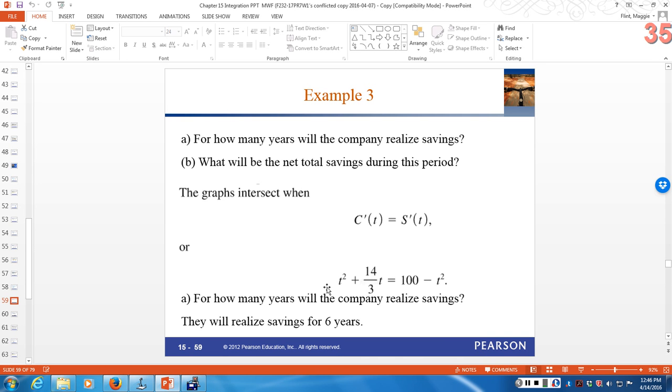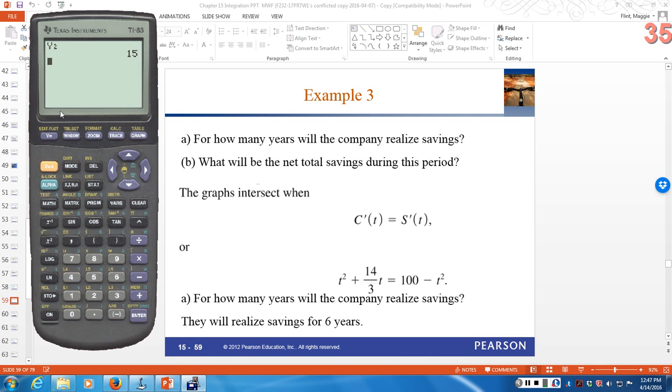And then solve and find where the roots are for that quadratic equation. Or, more simply, we can just go over here and graph it. Negative x squared plus 14 over 3 times x, and then the function is 100 minus x squared.